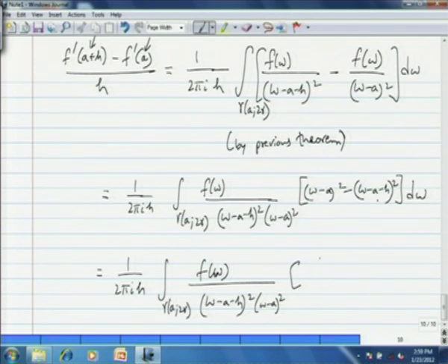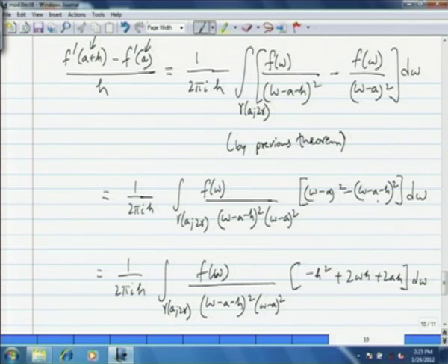So, we are left with minus H squared from the second part, and then we are also left with minus 2wH plus 2aH. Actually, from here this should be minus H squared plus 2wH minus 2aH, including that minus sign.